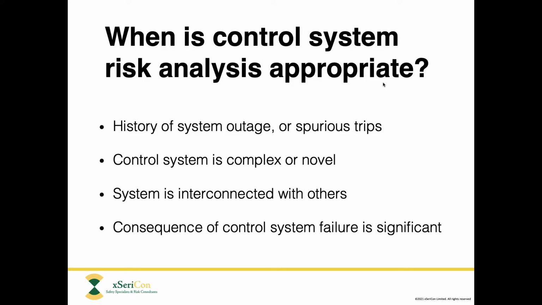And the fourth indicator would be if we believe that the potential consequence of a failure in the control system could be quite significant in terms of the amount of harm that could ultimately result to the process as a whole. And I will explain in a few minutes about how we can evaluate the severity of the consequence.